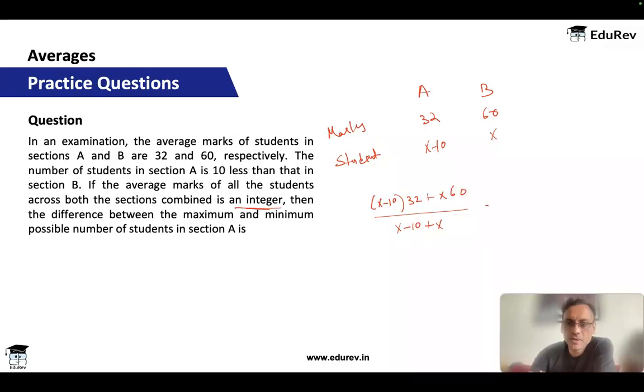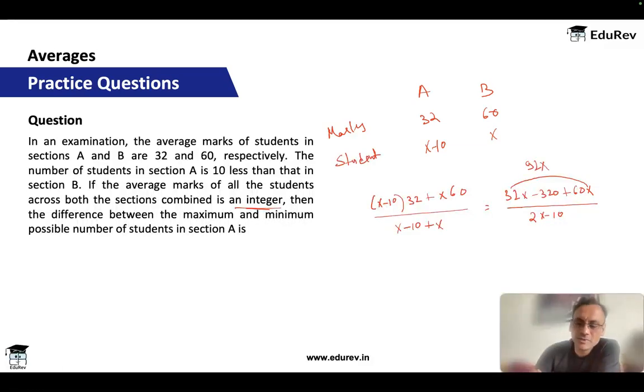This is what you get, which is 32x minus 320 plus 60x upon 2x minus 10. 32 and 60 will get combined to give you 92x.